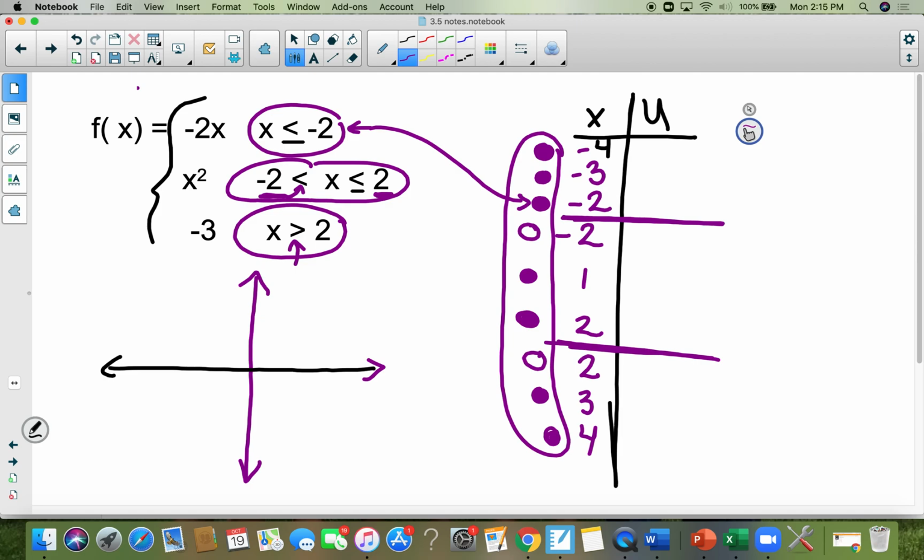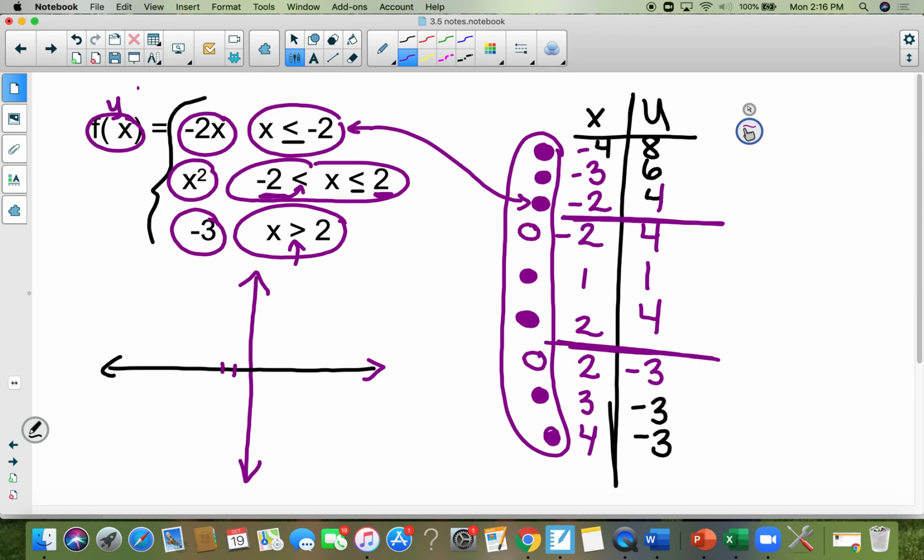Oh, I have to fill in my -4 and so on. When x is -4, which is up here, you're going to get +8, +6, and +4. Now you're going to go here for the middle one, and it's going to be +4, +1, and +4. Remember, f of x equals y, so y equals -3 on all 3 of these.